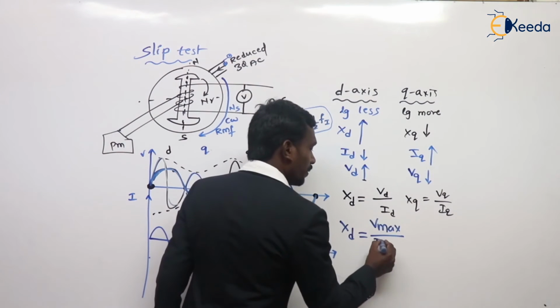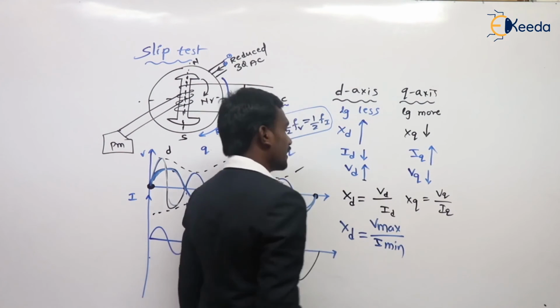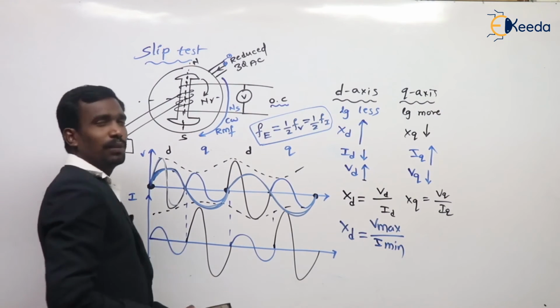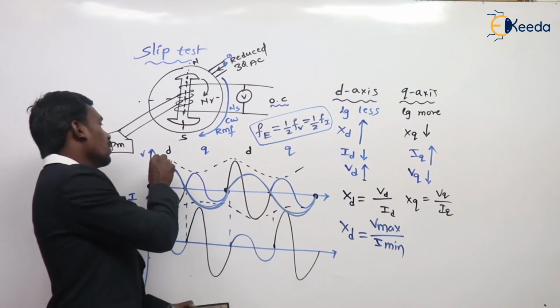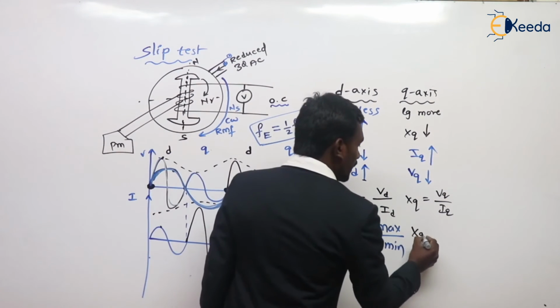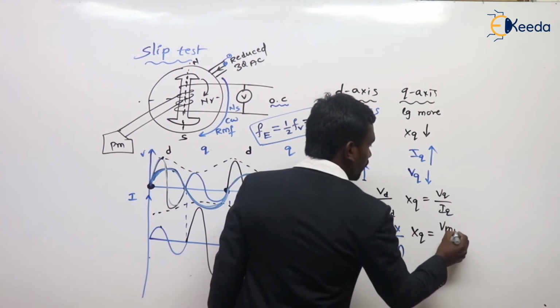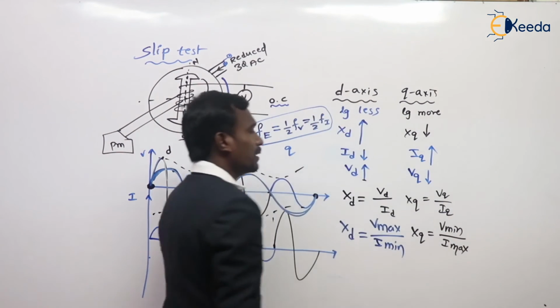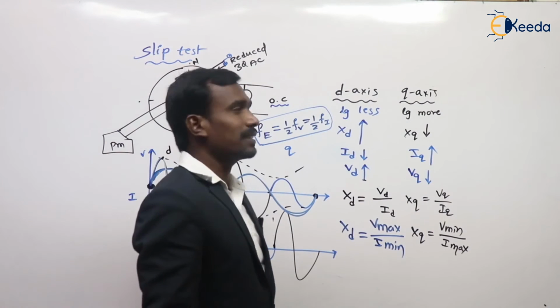ID is nothing but minimum. So XD is equal to V maximum upon I minimum, and XQ is equal to V minimum upon I maximum.